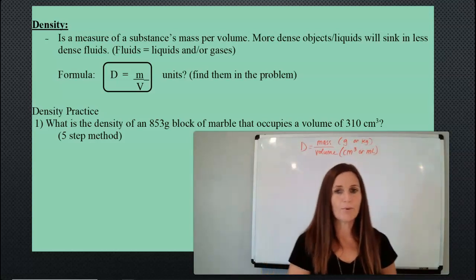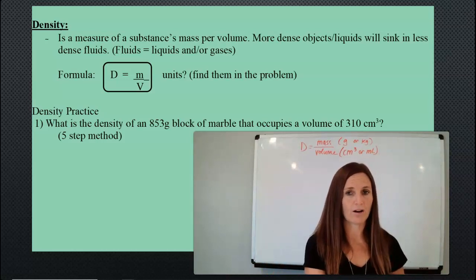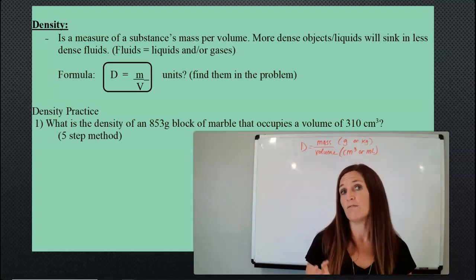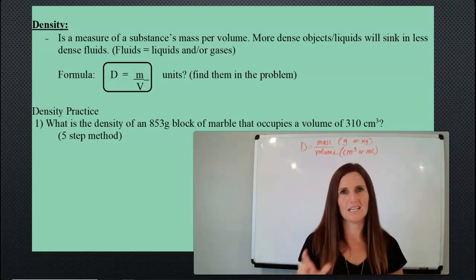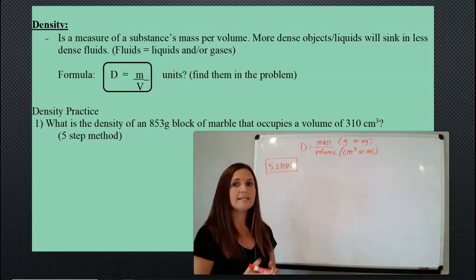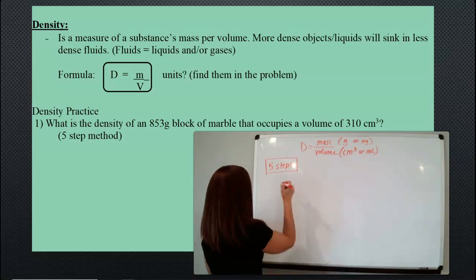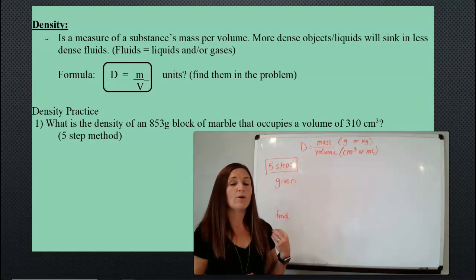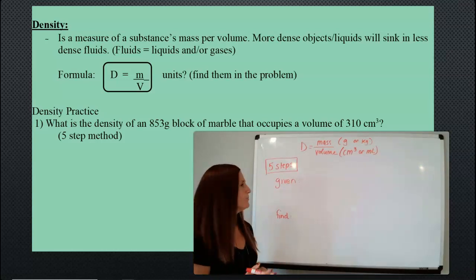So when you're reading the problem and you see that it's an 853 gram block of marble, you know that 853 is a mass because the unit gram is sitting there next to it. When we start the 5-step method, we start by identifying what is given in the problem and what we are asked to find. We are given an 853 gram block of marble.